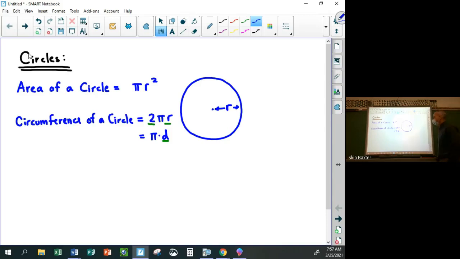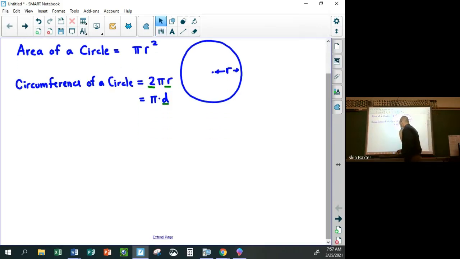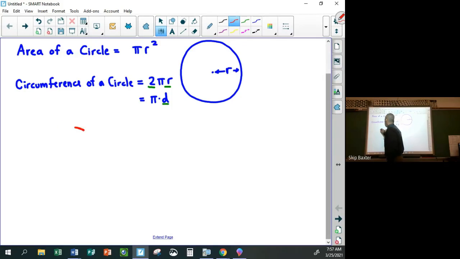Okay? So if I have a circle, and let's say the radius is 5 inches.